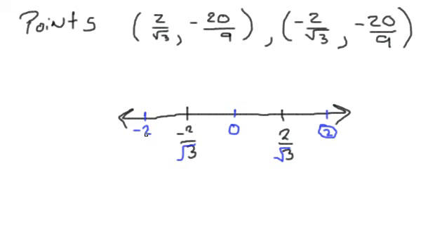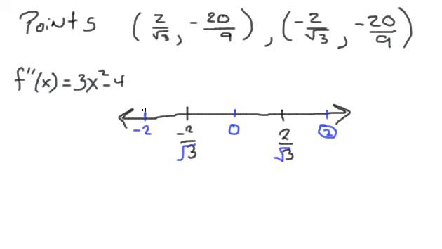Alright, so we want to take negative 2 and plug that into the second derivative. And of course, all we're concerned about is if it's positive or negative. So let me rewrite the second derivative right here. So f double prime of x is equal to 3x squared minus 4.